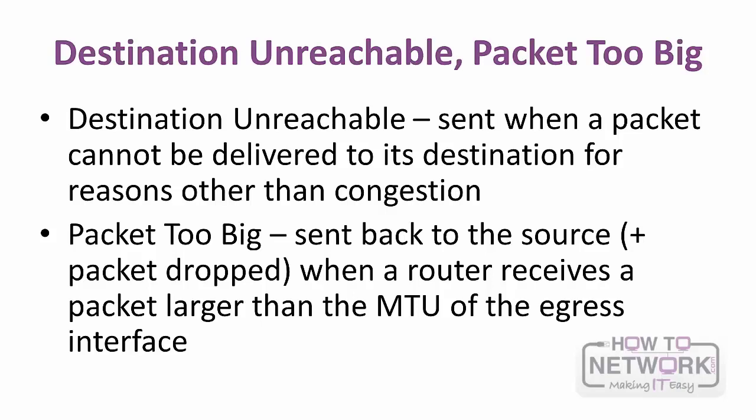When an IPv6 router receives a packet larger than the MTU of the egress interface, the router drops the packet and sends an ICMPv6 packet too big message back to the source. The packet too big message includes the MTU size of the link in bytes so that the source can change the size of the packet for retransmission.